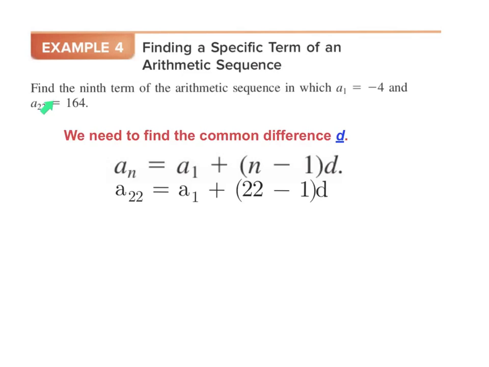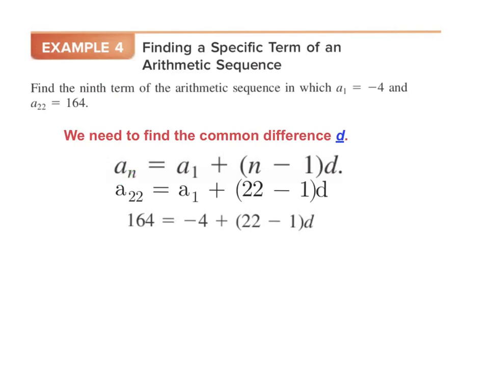We're going to plug in what we know for a sub 22, and then we're going to be able to solve for D. We know what a sub 22 is, and we know what a sub 1 is, and then we're going to be able to calculate what D is. So I know that a sub 22 is 164. I know that a sub 1 is negative 4, and then I can just simplify this and solve for D. Okay, and then I'll have the common difference, and then once I have the common difference, I can go back in and plug in here to find a sub 9.